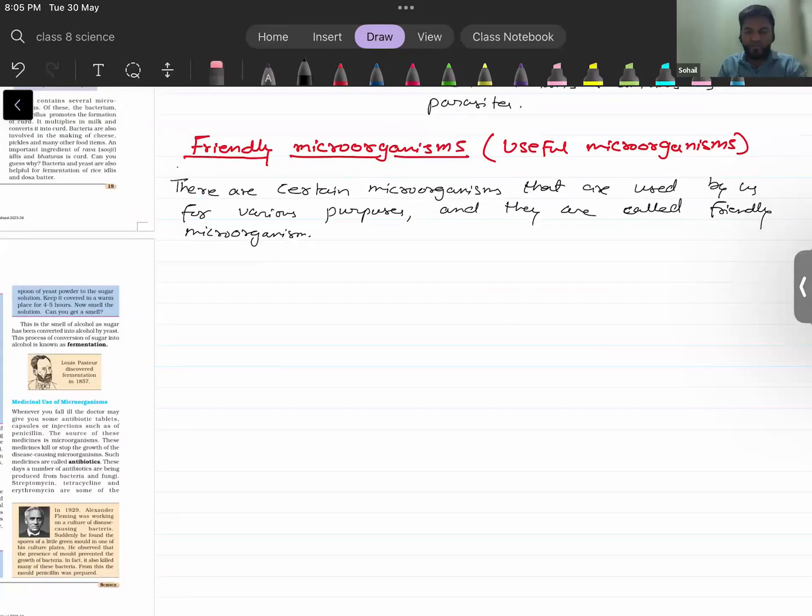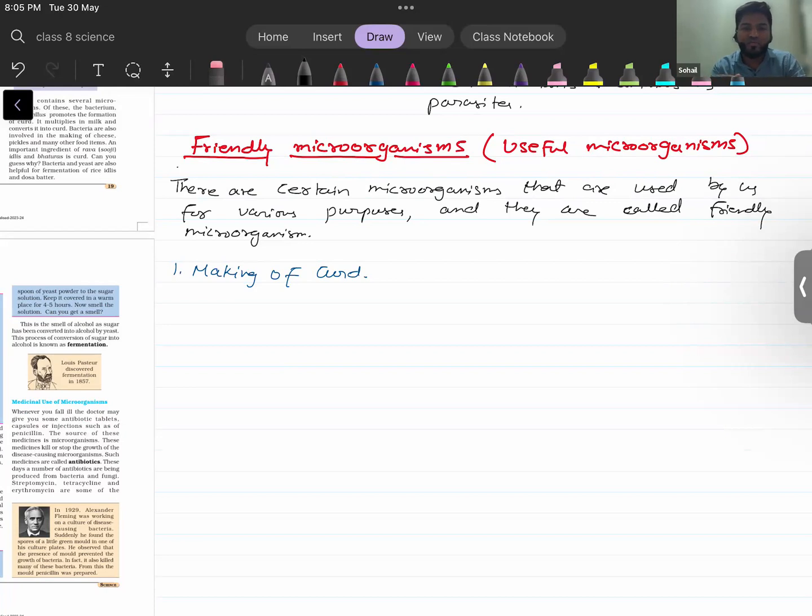The first thing we are going to discuss is the making of curd. You already know that lactobacillus has a role here. The milk is turned into curd by the bacteria known as lactobacillus.